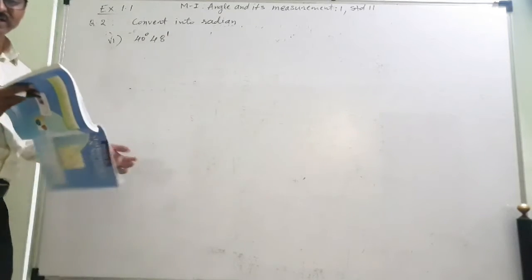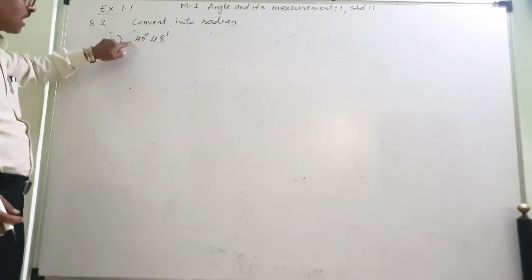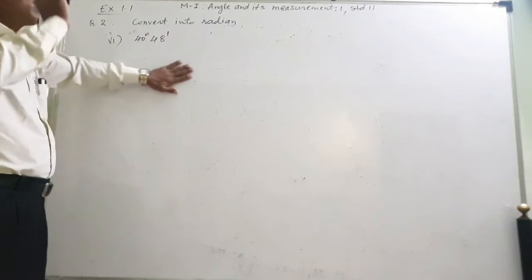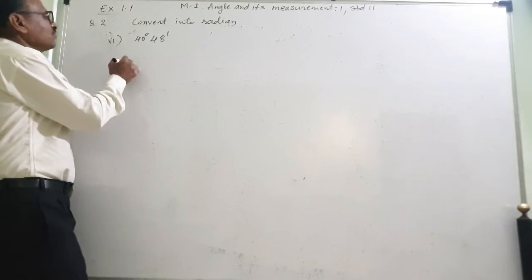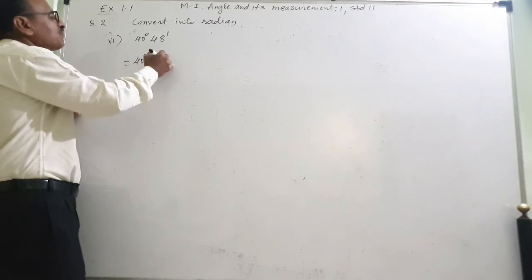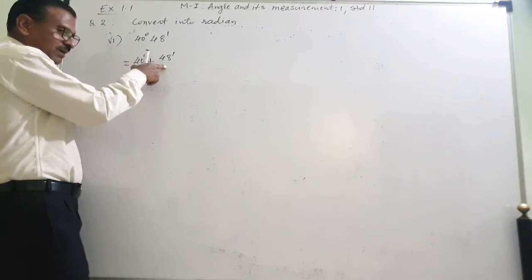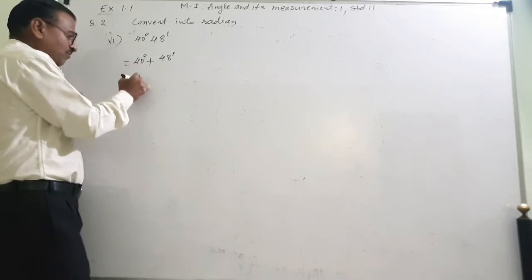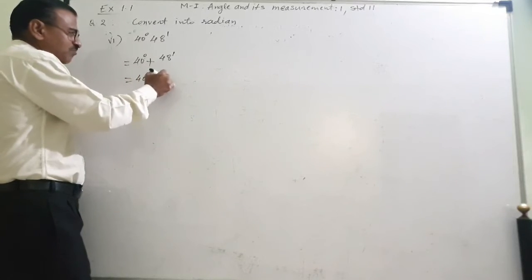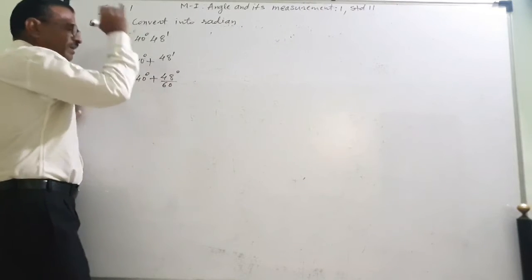This part is in minutes, this part is in degrees. So how to convert that? First of all, 40 degree plus 48 minutes. This I will convert into degrees. So 40 degree plus 48 upon 60, this will be in degrees.